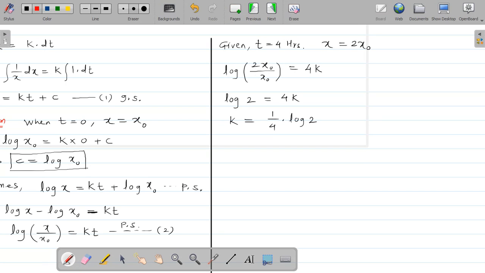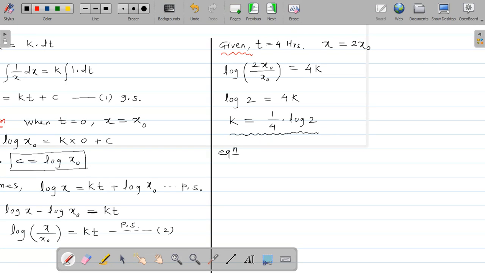So this is very important. After using the initial condition, we get the value of C, and hence we get the particular solution, and after using the given condition we get the value of k also. Now rewrite equation number 2.